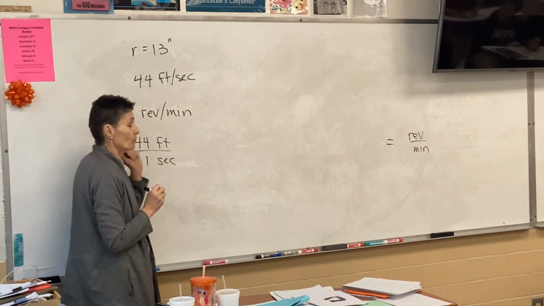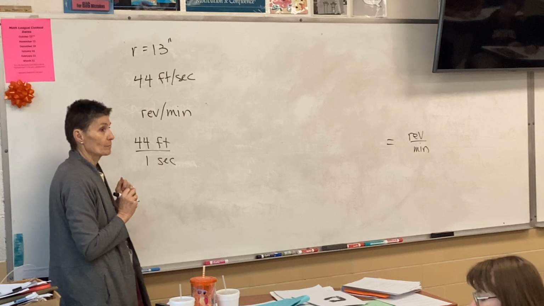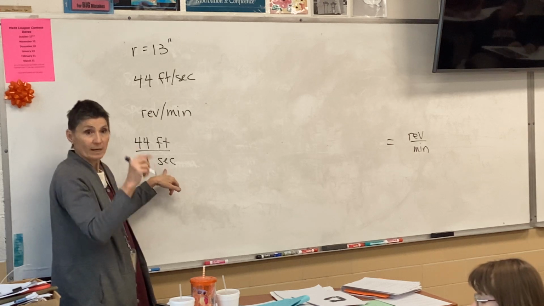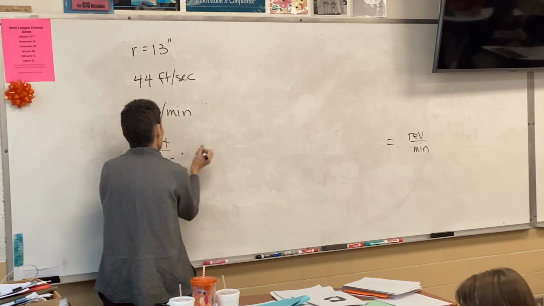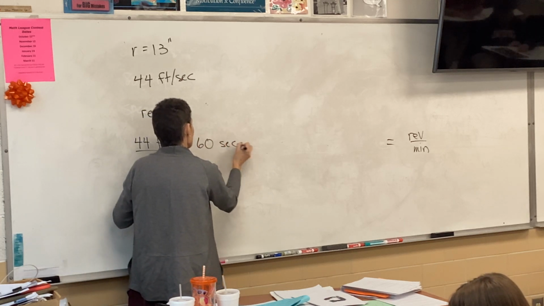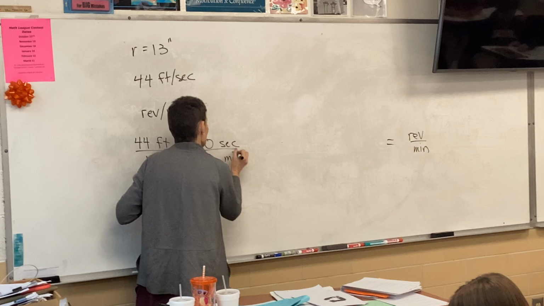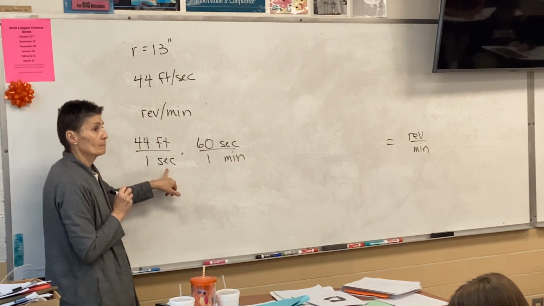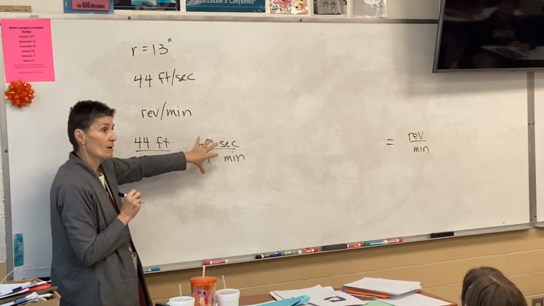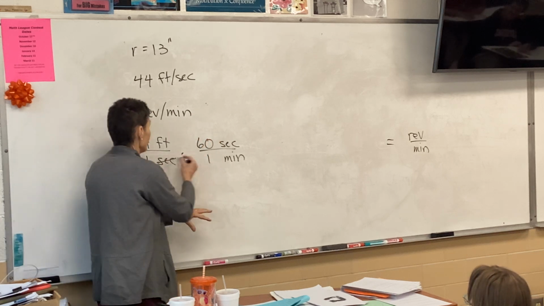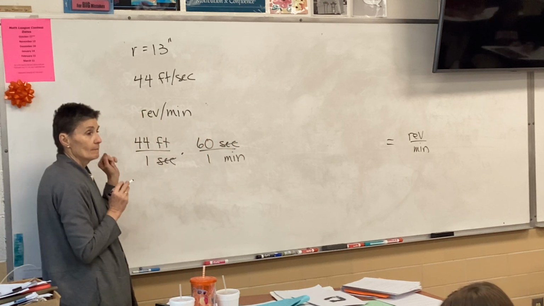So what do you want to do? 1 minute is 60 seconds, so we can take care of the time easily enough. Everybody okay with that fraction, setting it up that way? I hope so, because I want these to cancel.